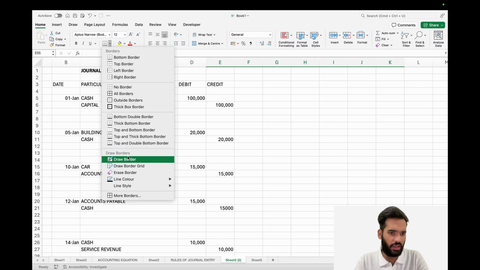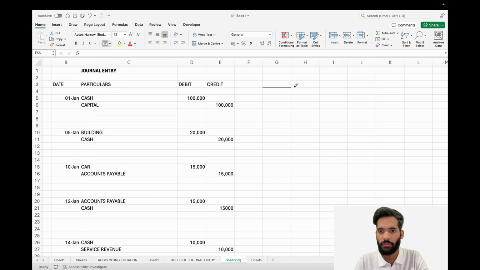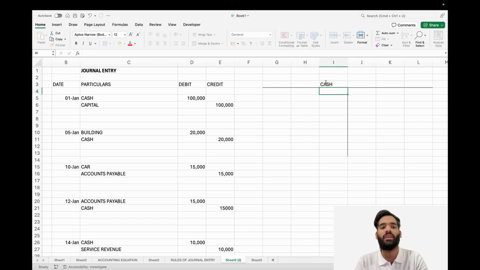So to make a T account, we'll simply draw a T. There you go. We have to make a T account for each account because I need to find the total balances of each account by the end of the year. And why do I need to do that?